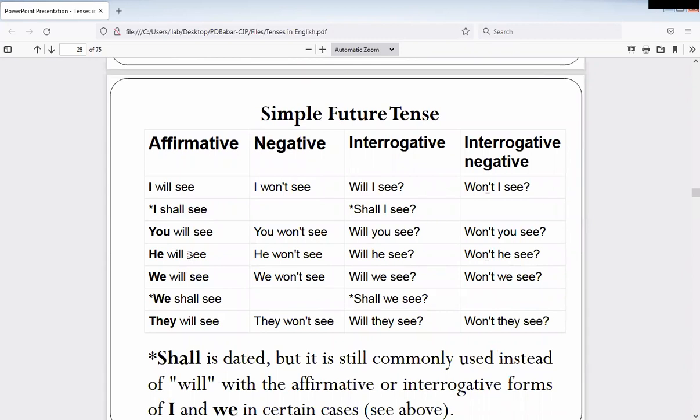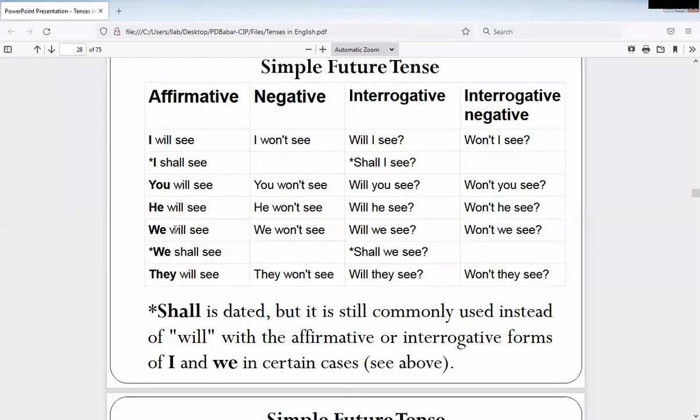So this is the chart of the simple future tense: the affirmative, negative, interrogative, and interrogative negative. If I will see is the affirmative, its negative will be I won't see, will plus not.